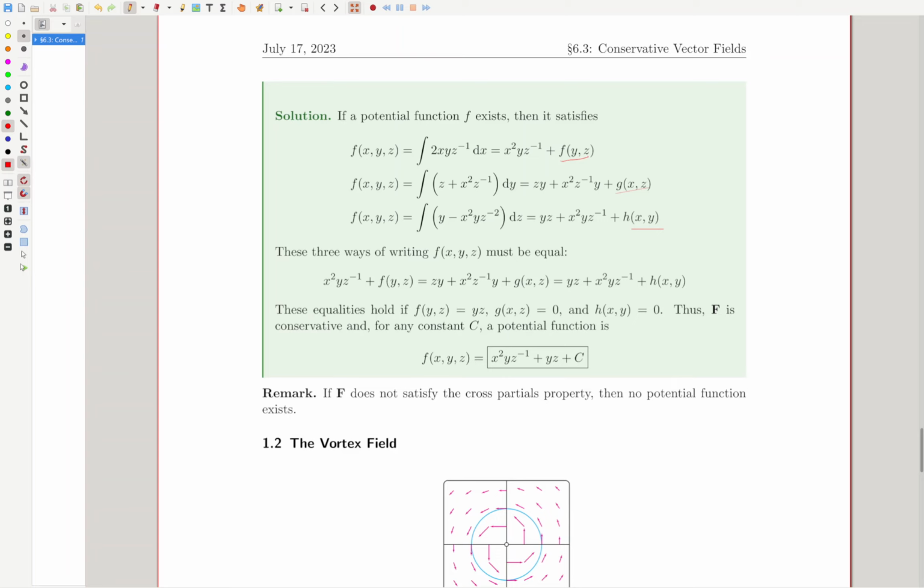It's debatable whether it's better to just attempt to compute the potential function first without really checking that it satisfies it.